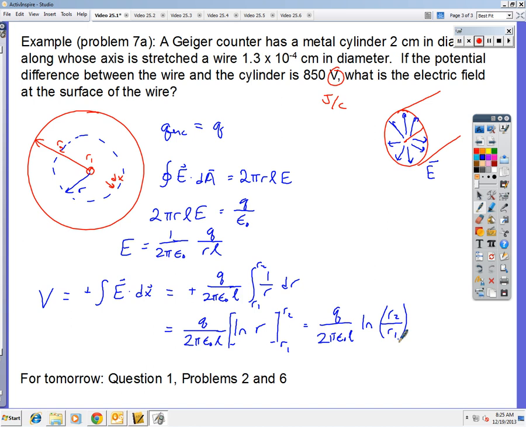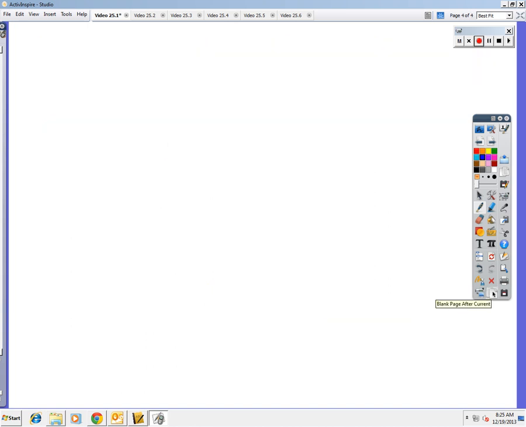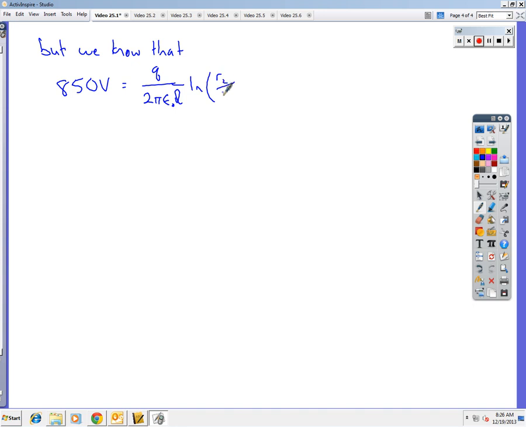Now we're still looking for the electric field at R1. But notice that we know that everything in here is a constant. And so I'm going to actually go to another page now. I'm going to say, but we know that 850 volts equals Q over 2 pi epsilon naught L times the natural log of this ratio.